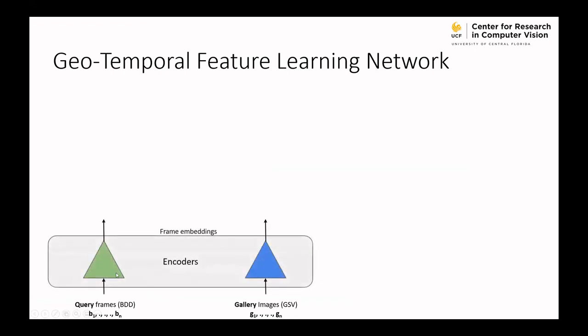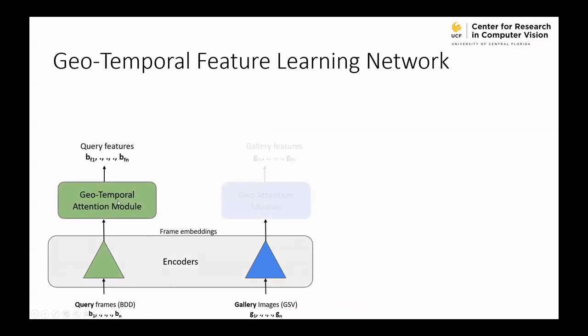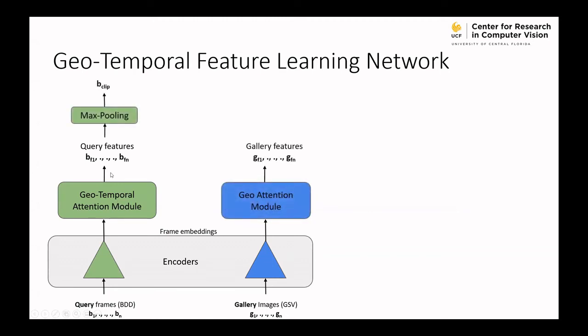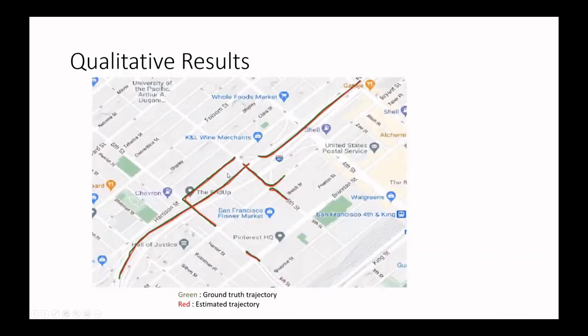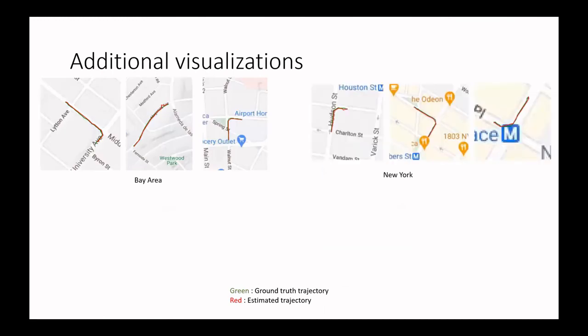So we do the encoding, and we do the attentions, temporal attention, and then here the self attention, and max pooling, and we have these losses, and we can train this, and it works pretty well. So red is the estimated trajectory, and green is the ground truth, and you see we can do very well here. Here are more examples.